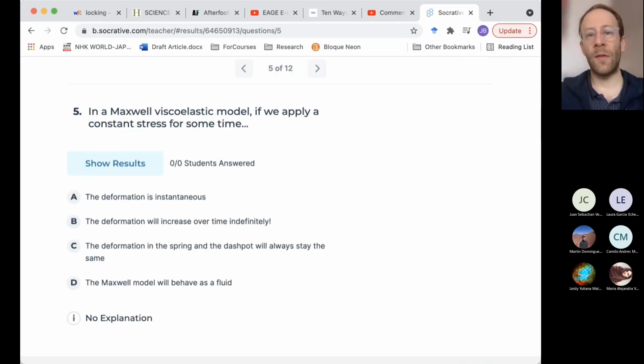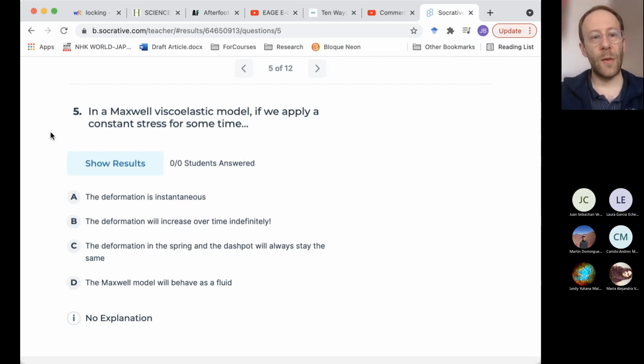So here we have some little questions about how the models are going to behave. The first is for the Maxwell, and we are going to apply some constant stress for some time.